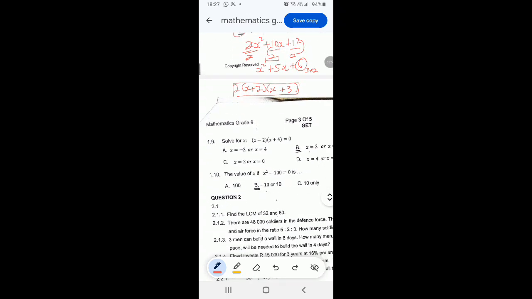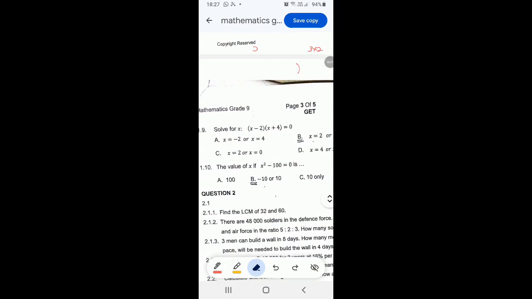Let's go to 1.9. Solve for x. When we solve for x, here's a short way. If you have (x minus 2)(x plus 4) equals 0, you know that the number in the bracket is minus, so your final answer will be a positive.